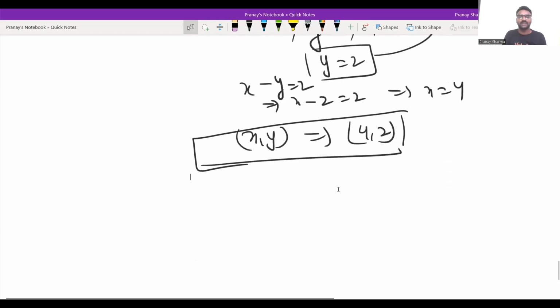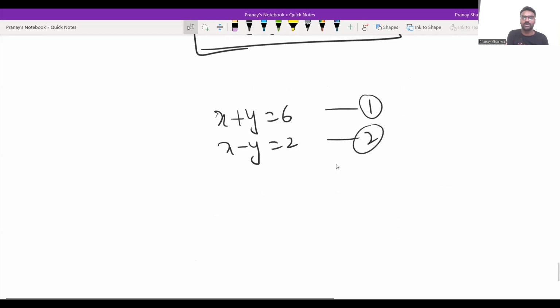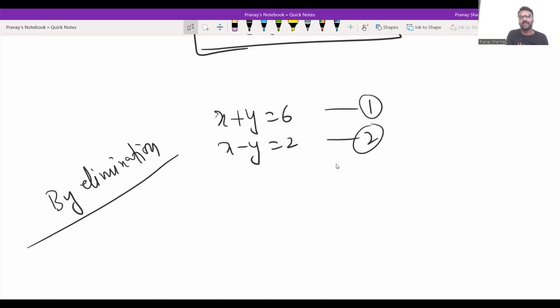Fine. Now let us solve this with the help of the elimination method. Second method: x plus y equals 6 and x minus y equals 2, equation 1 and equation 2, by elimination. How can we solve this by the elimination method? You just subtract equation second from equation 1.